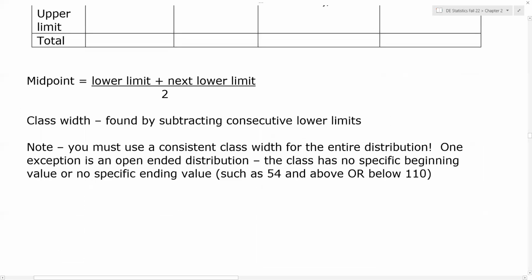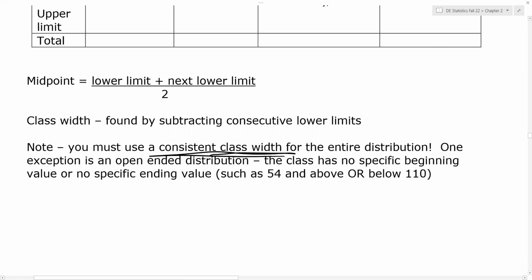Class width is found by subtracting consecutive lower limits. So midpoint, we average lower limits. Class width, we subtract lower limits. When you are creating your frequency distributions, your class widths must be consistent.